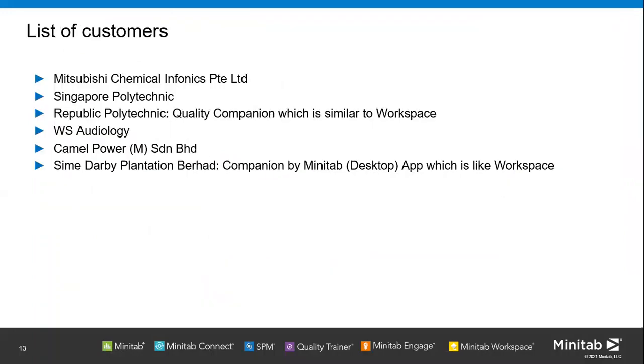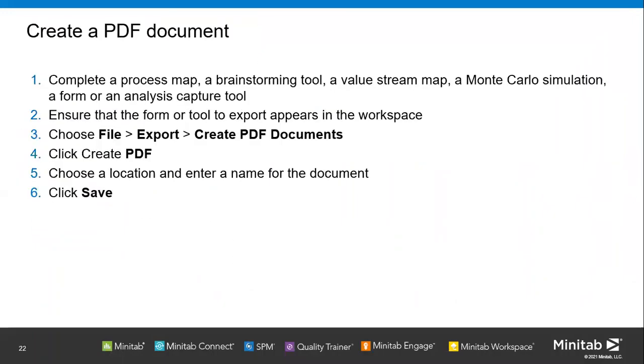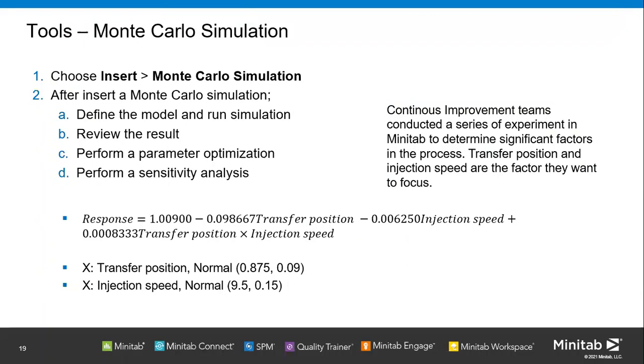Okay, go back to this one. For the Monte Carlo simulation, you have your continuous improvement team. You want to conduct a series of experiments in Minitab. You already did your experiment, and then you want to determine the significant factors in the process. The transfer position and the injection speed are the factors they want to focus on.